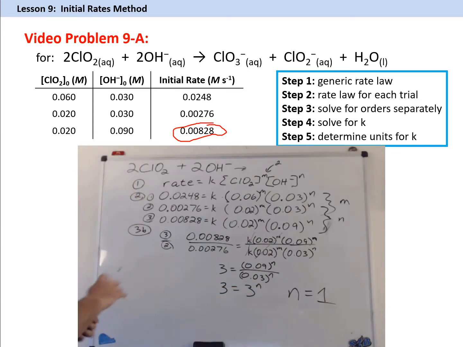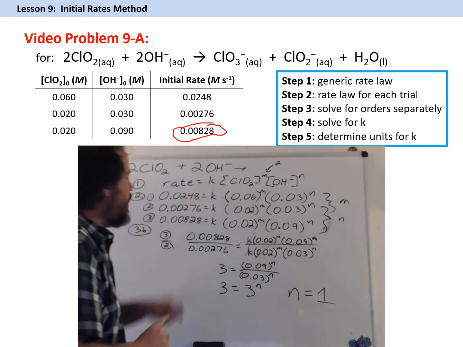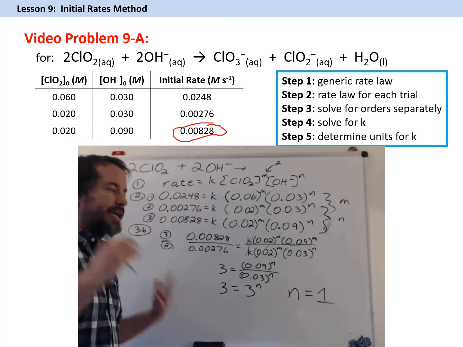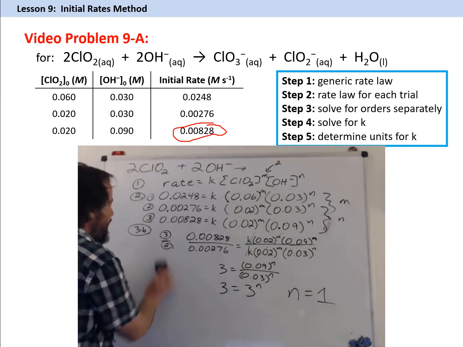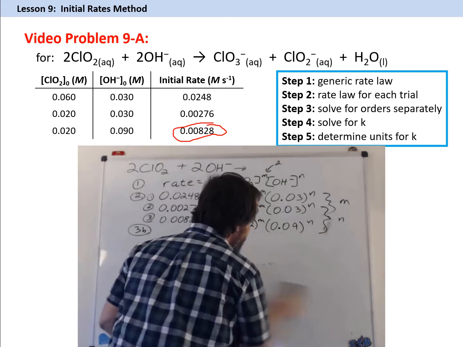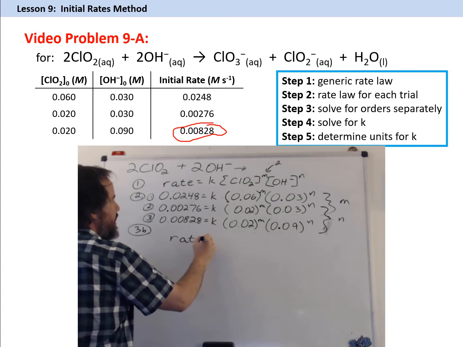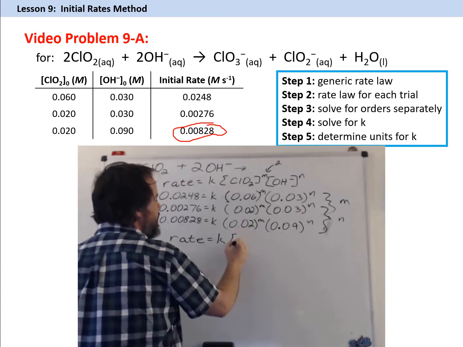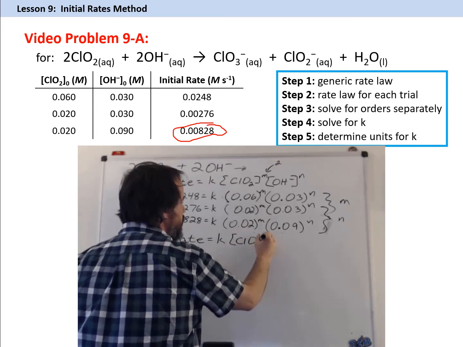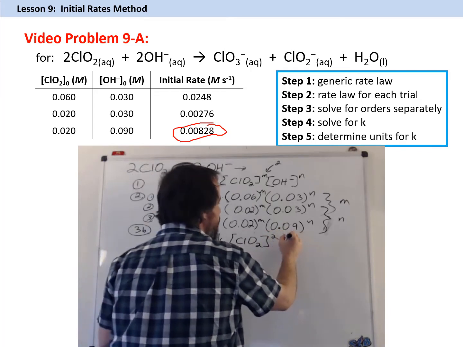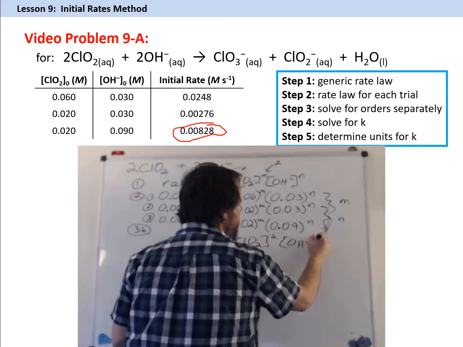Okay, so now I know what n is, and I know what m is, and so now I can go ahead and plug these in. So after 3, I get that rate equals k times ClO2 squared times OH minus.